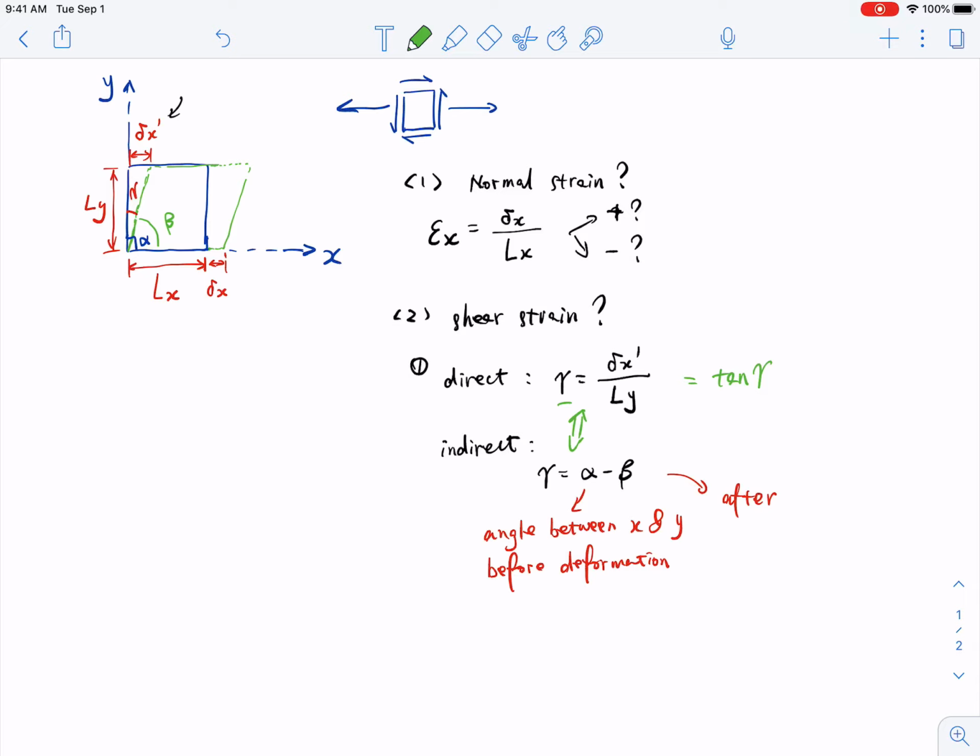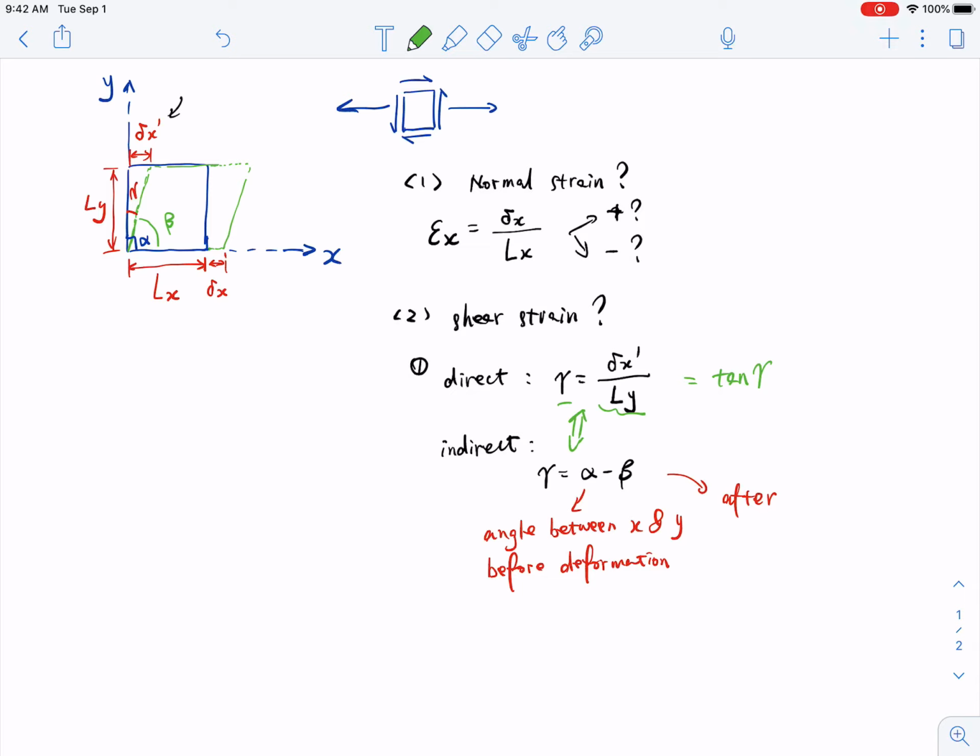But in our assumptions, we say it equals gamma. So under what conditions does gamma equal tangent gamma?